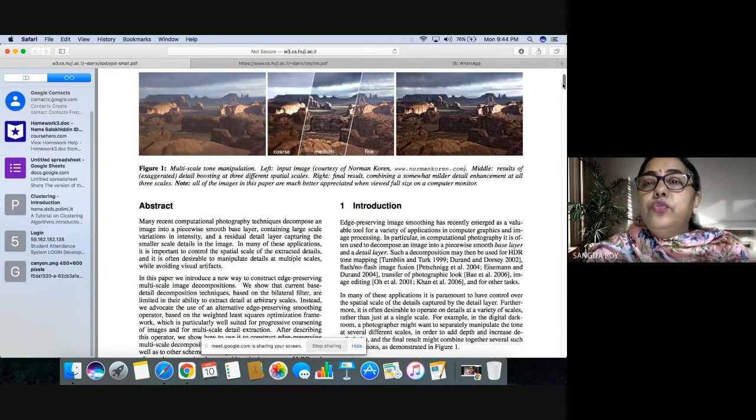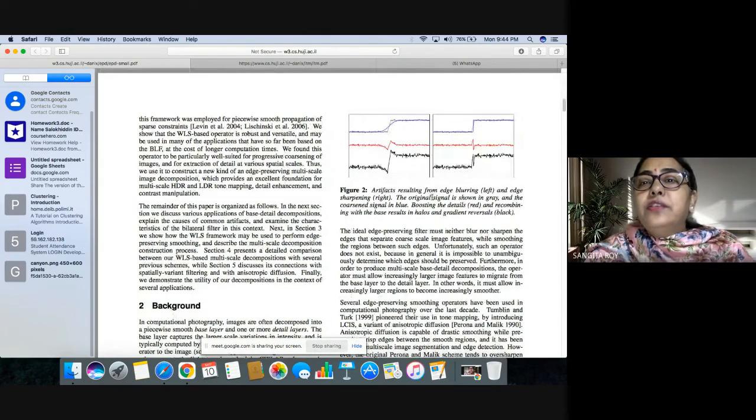Now in figure 2, it is given that artifacts result from edge blurring on the left and edge sharpening on the right. The original signal is shown in gray, this gray is the original signal in both the images, and the coarsened signal is blue, and the recombination of the base result is with the halo effect, and that is given by the black signal.